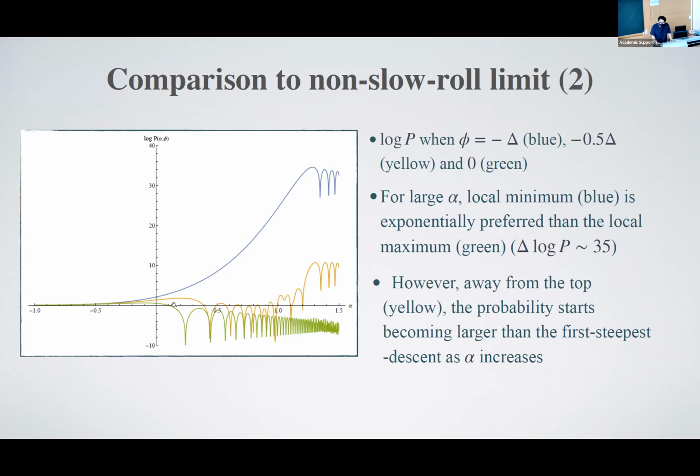The first steepest descent means this, from this peak. But you see that there is a sudden jump, and even in this region the probability is larger than the steepest descent. This is an unexpected phenomenon in the analytic result.